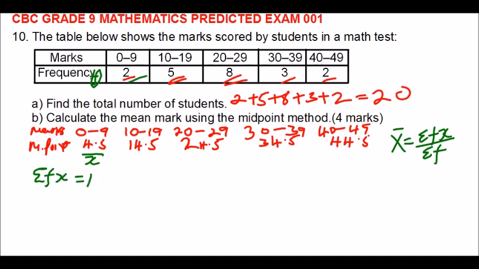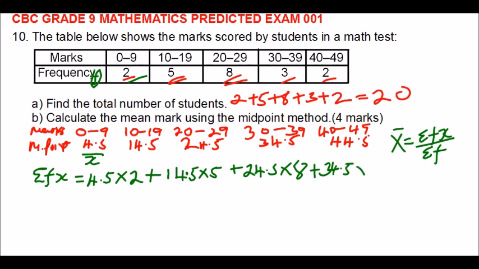You multiply 4.5, the midpoint, by 2, plus 14.5, the next midpoint, you multiply by the frequency, which is 5, plus the next one is 24.5, you multiply by the frequency, which is 8, plus the next one is 34.5, you multiply by 3, and finally we have plus 44.5 multiplied by 2.